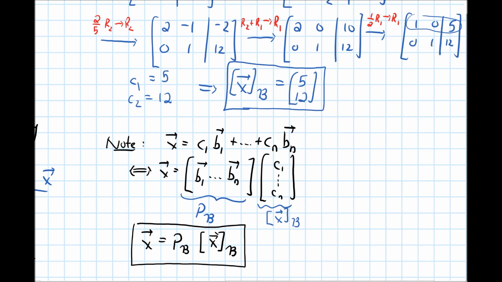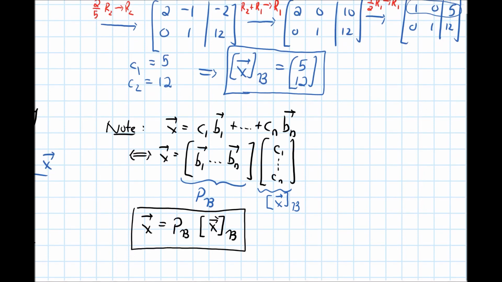Okay, so this matrix P_B has a special name. This is called the change of coordinates matrix from B, whatever my basis is, to script E, the standard basis.